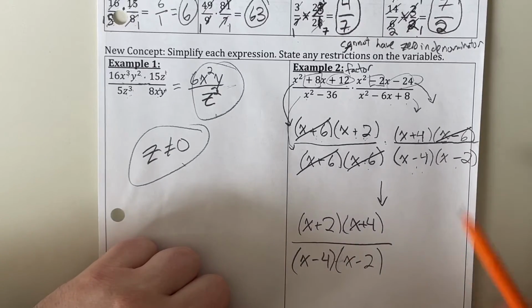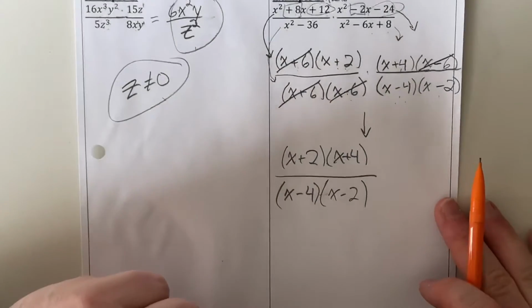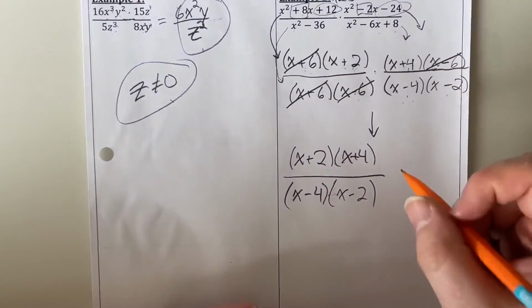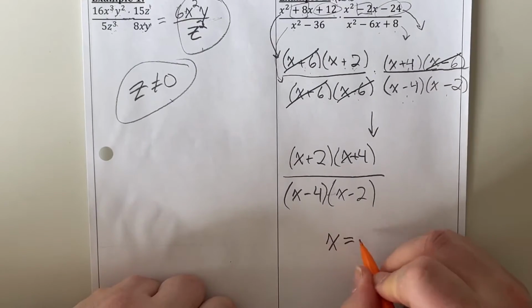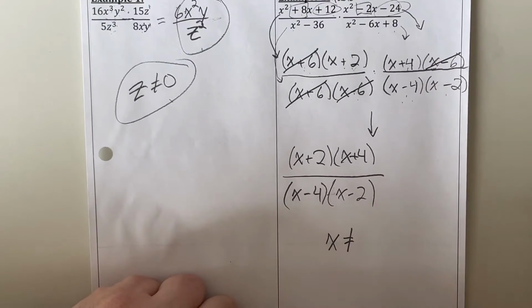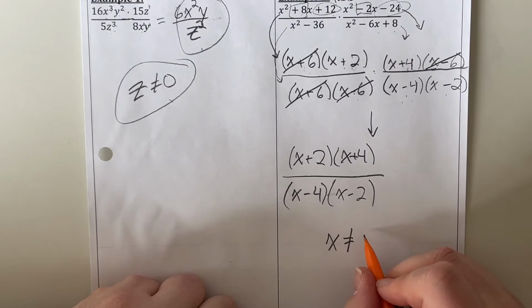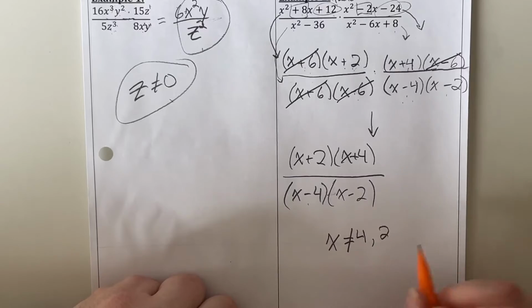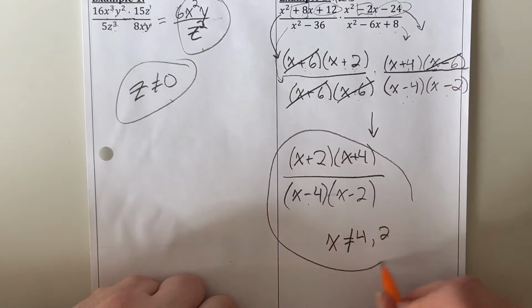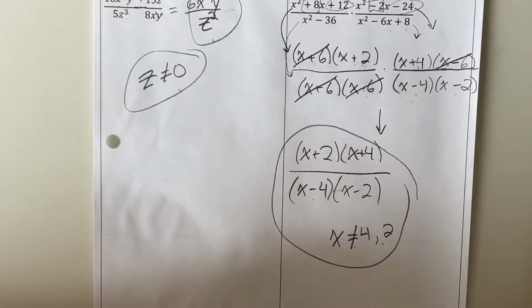Make sure you write your restriction. So I'm going to say my values for x. x cannot be equal to, well, I have two values that can't be. It can't be positive 4 and it can't be positive 2. Again, that would make our denominator 0, so it has to be both of those restrictions.